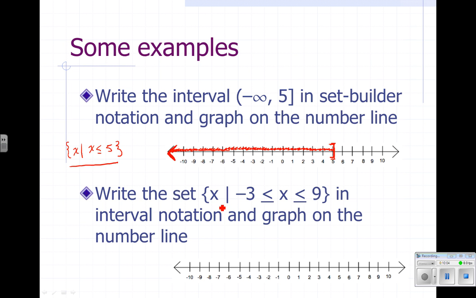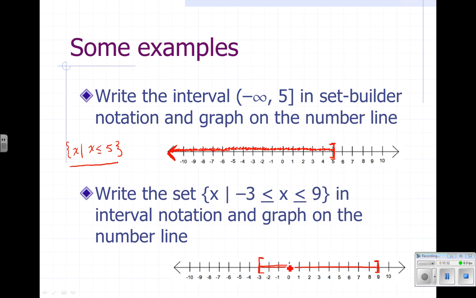What if we're told we want to write the set of all x such that x is between -3 and +9, including the endpoints, in interval notation and graph it on the number line? Well, we could graph it on the number line very, very easily. We know that we're going to put a hard bracket facing to the right around -3 and a hard bracket on +9 facing off to the left, and shade in all those elements in between these two numbers on our number line.